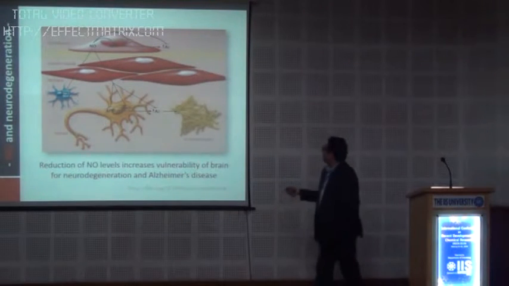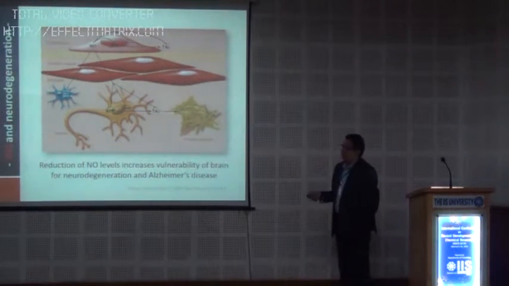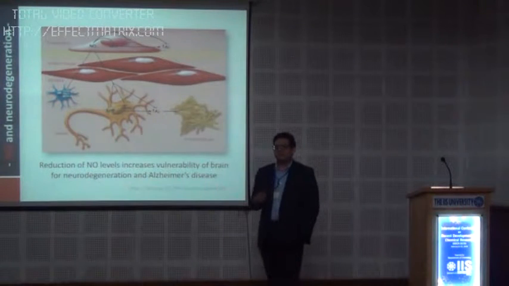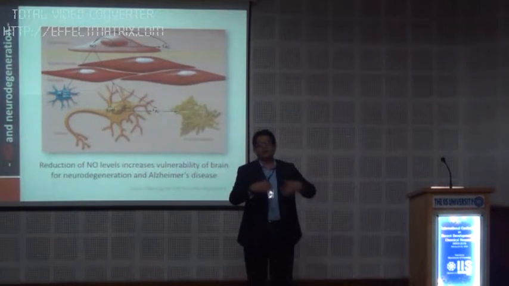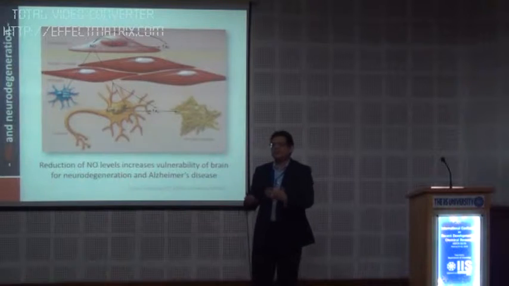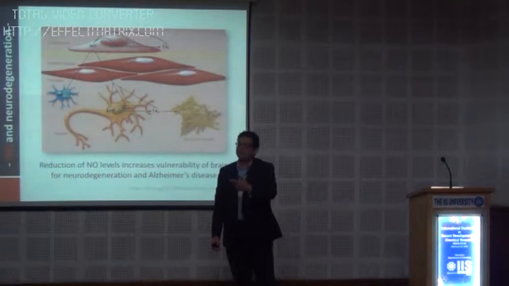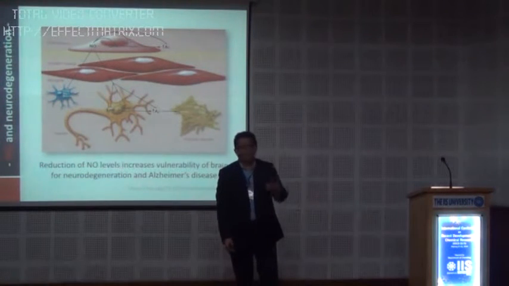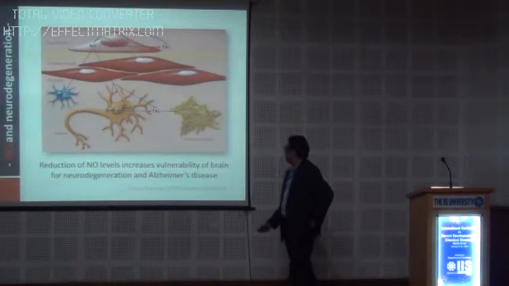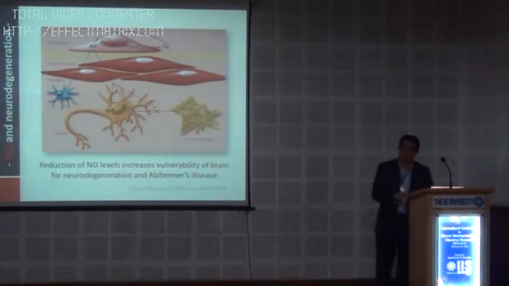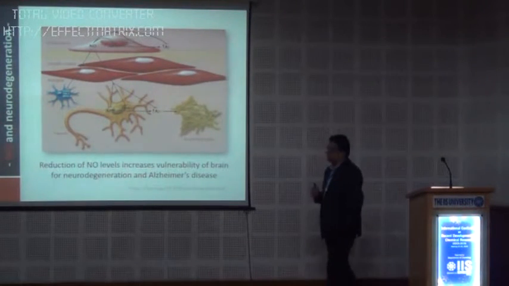Over a period of time, we lose the generation of nitric oxide, and that leads to the possibility of neurodegeneration, Alzheimer's disease, and a variety of neurodegenerative disorders. So the idea is, as we grow old, is it possible to have molecules that can deliver nitric oxide and activate some of the neuronal pathways, which can bring back, if not completely, part of the memory, offering solutions to these diseases that plague a variety of patients and pathophysiological mechanisms.